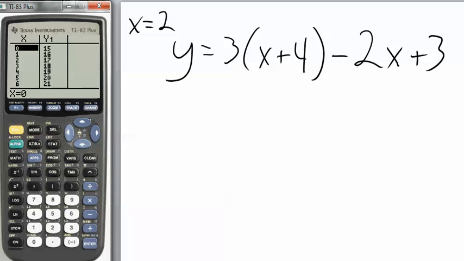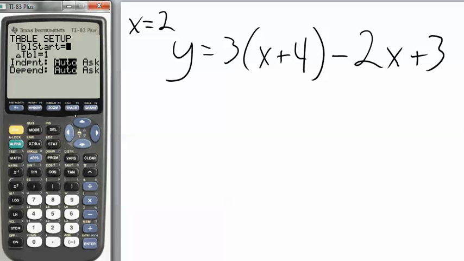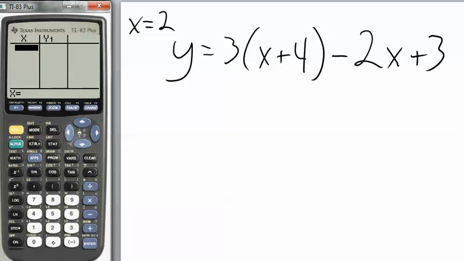Sorry, something happened there. Change this to ask, I have to hit enter, and go back to my table, and I can type in anything I want. This might be an advantage over just using the trace if you need to store them in the table so that you can kind of see them to compare things.